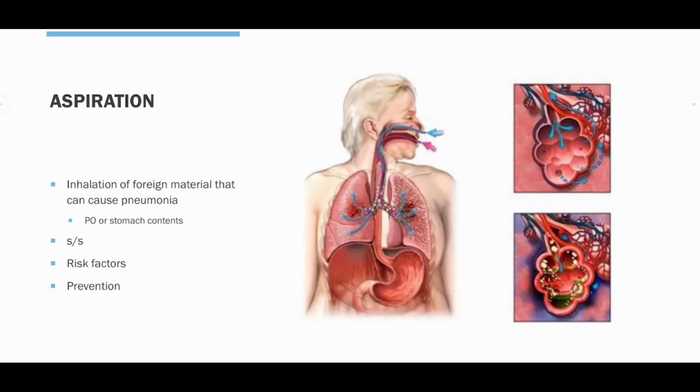So, aspiration is just a general blanket term that describes anytime someone swallows food or liquid or any foreign material that gets inhaled through the trachea and ends up in the lungs. This definitely is a high risk of causing pneumonia. Signs and symptoms would be like pneumonia.